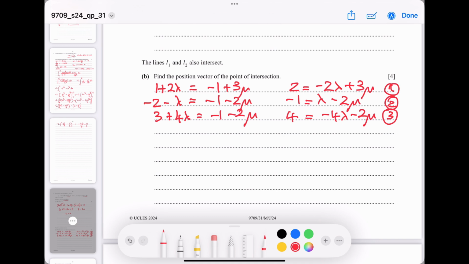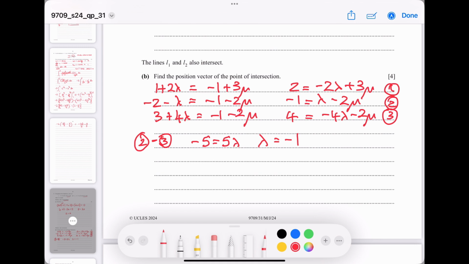So I'm going to look at equation 2 and I'm going to add it to equation 3 to start with. Actually no, I want to subtract, apologies, because both of them are negative 2, so I want to subtract. So I've got negative 5 is equal to 5 lambda, which means lambda is equal to negative 1.